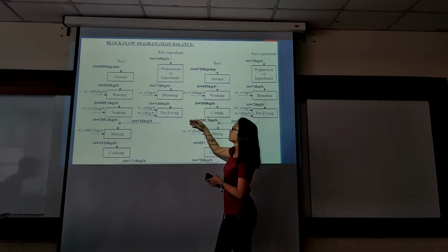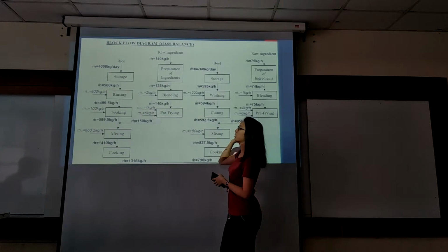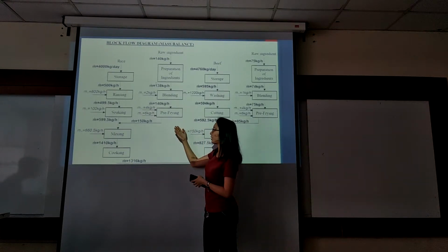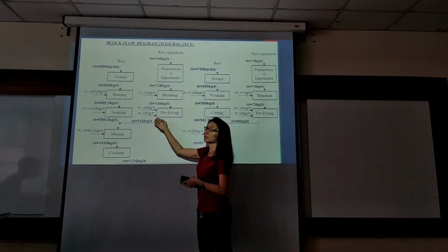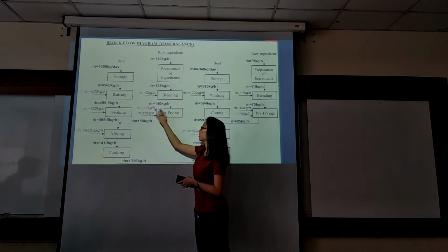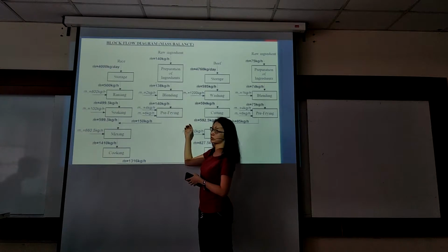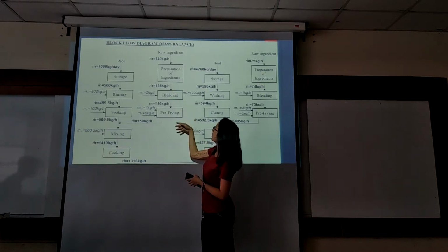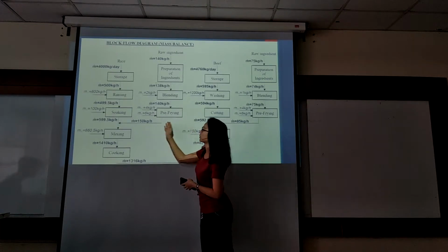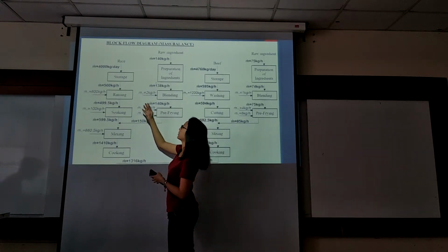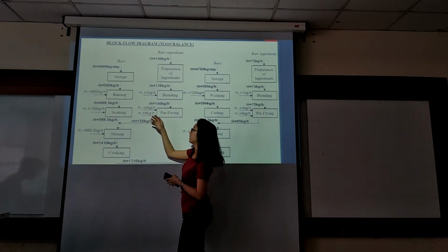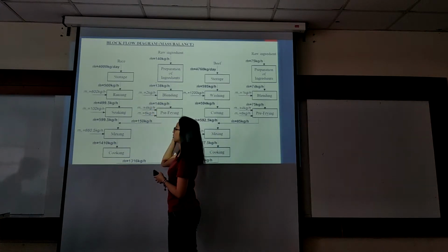So the ingredient will undergo pre-frying, and during the pre-frying process, we will add in oil, and then per hour for other ingredients. So after the raw ingredient undergoes this process, it will undergo mixing with the rice that underwent the three processes just now.